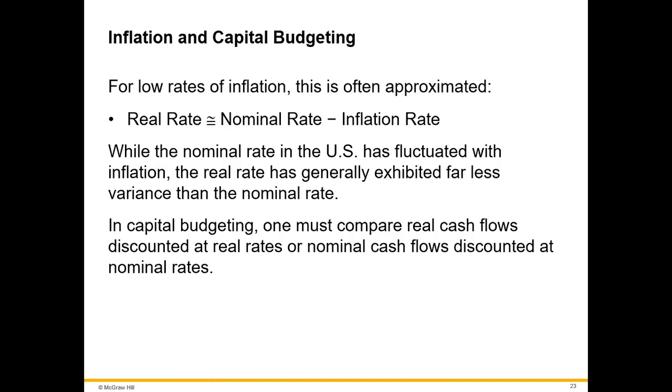While the nominal rate in the US has fluctuated with inflation, the real rate generally stays about the same. So in capital budgeting, you must compare real cash flows discounted at real rates, that is, cash flows without inflation, or cash flows with inflation discounted at nominal rates. You have to keep that in mind.